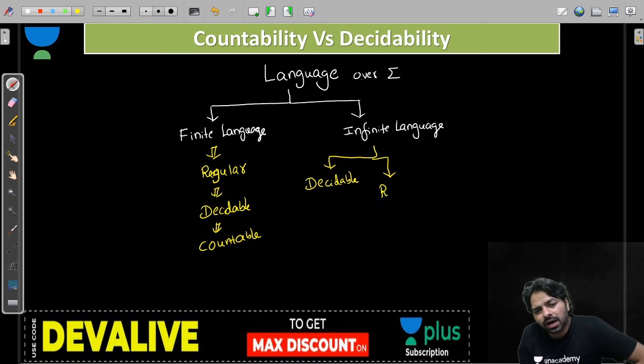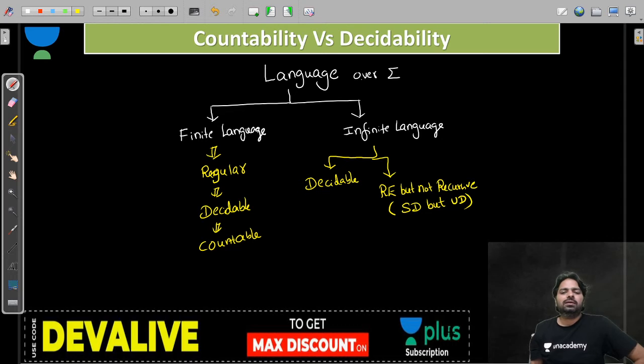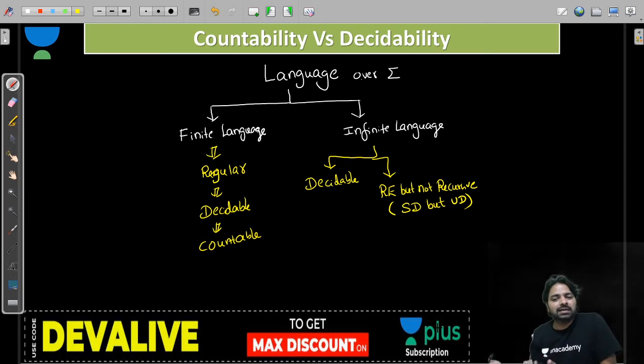Some are RE but not decidable, that is semi-decidable but undecidable, SD but not D. Or you can say SD but not decidable.